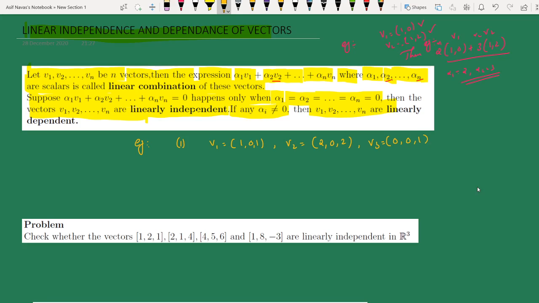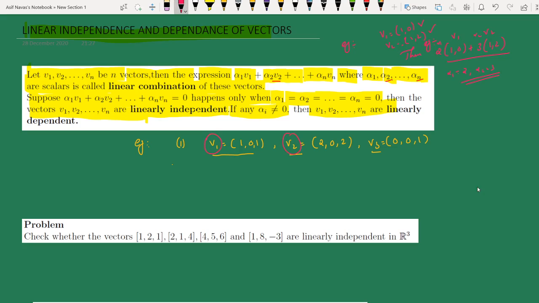Can you tell whether this set of vectors is linearly independent or dependent directly? So this is v1, this is v2 and v3. Can you find a linear combination of those and equate it to 0, where some of the scalars are non-zero? Anybody?